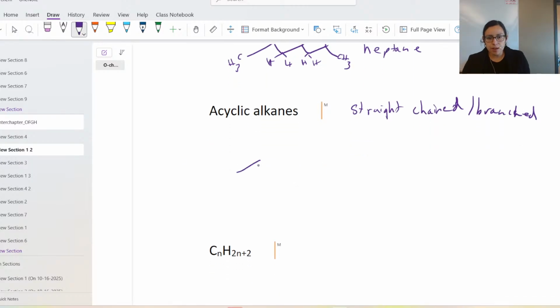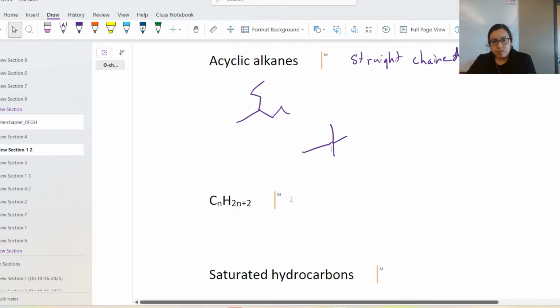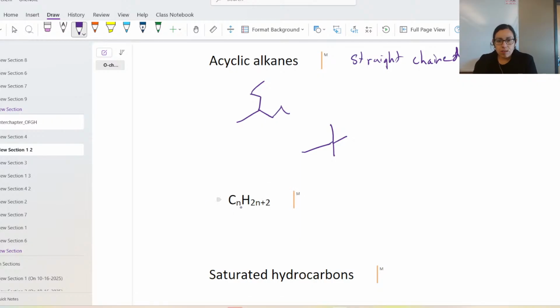And we'll get into the branching, but it could go off in any direction, just as long as we have only 4 bonds to carbon. And then all of these acyclic alkanes follow this general formula of CnH2n+2.